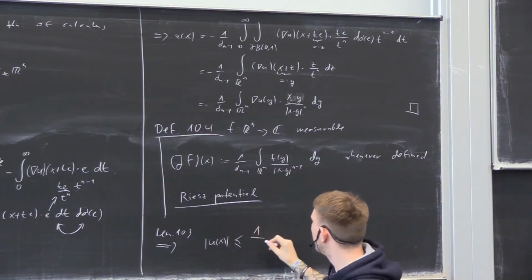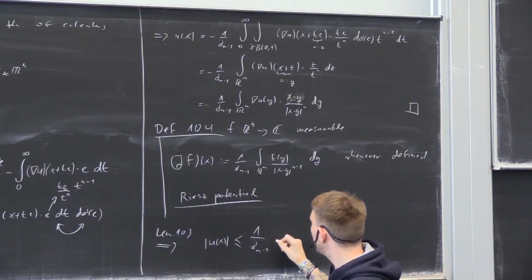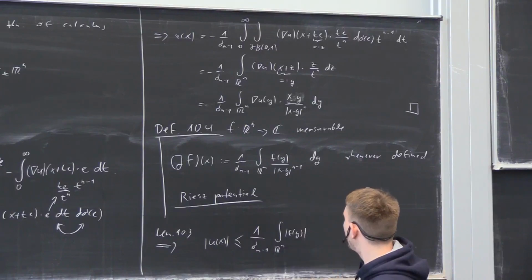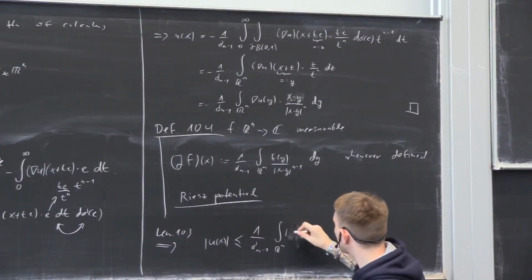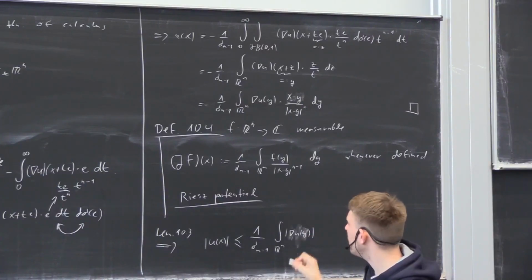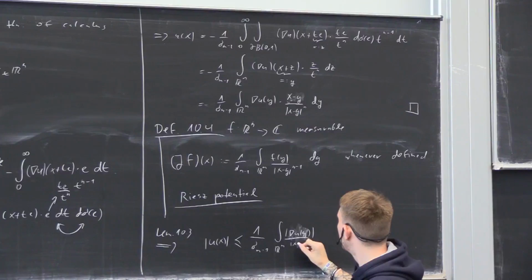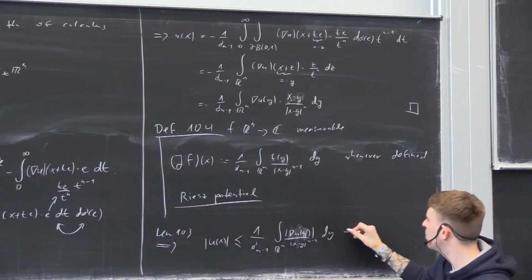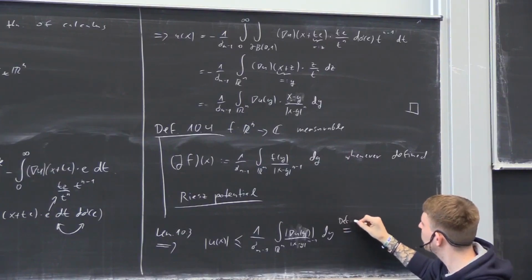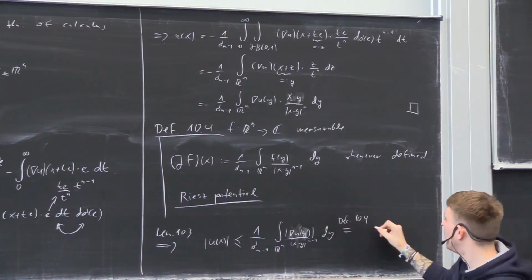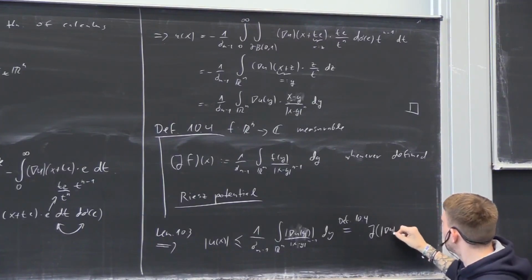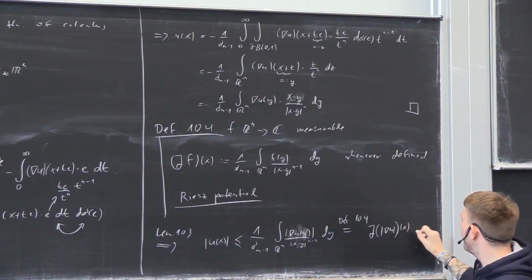This gives me 1 over sigma n minus 1 integral over Rn of the gradient of u of y, and then the rest just gives me this kernel, |x minus y| to the n minus 1 dy, and this is by the definition from just above, Definition 10.4, just J applied to the absolute value of the gradient of u evaluated at x.